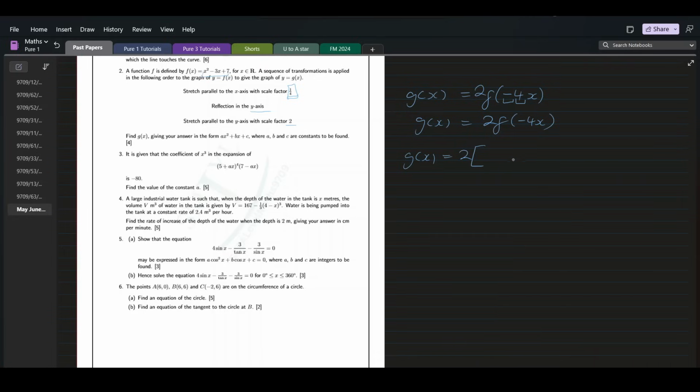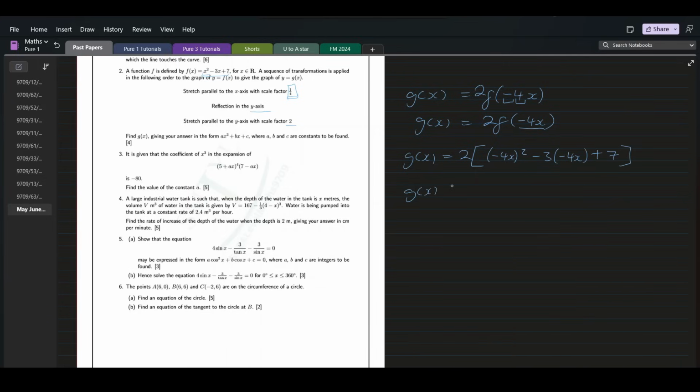Let's put a big bracket. And then wherever there is an x in f of x, you're going to replace it with negative 4x. So we've got x squared here. That will become negative 4x squared, minus 3x. Again, replace with negative 4x. And then finally, we have a plus 7. And then we can close our big bracket.